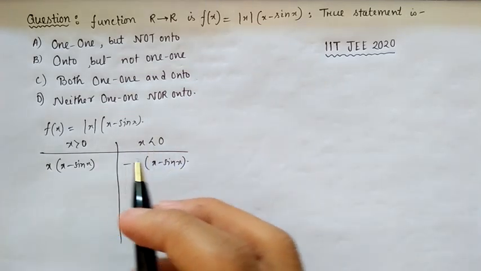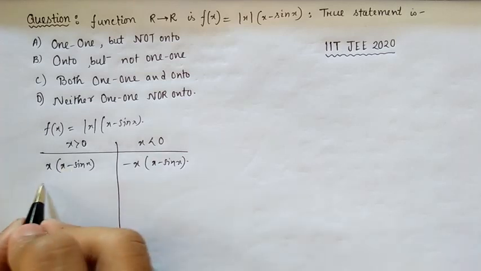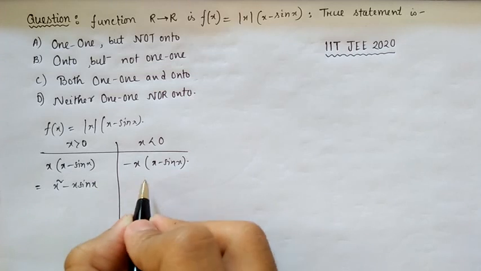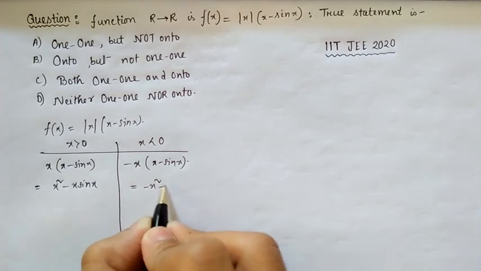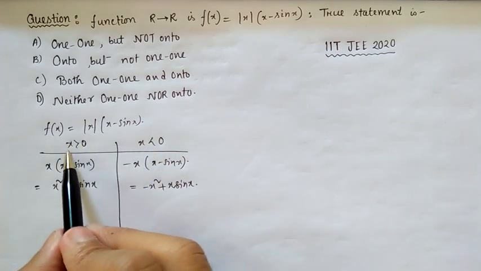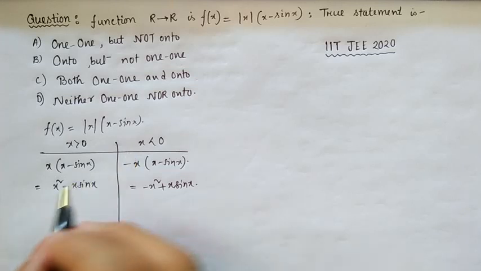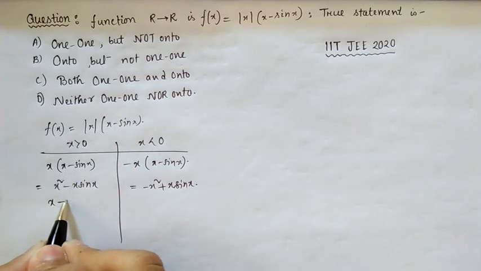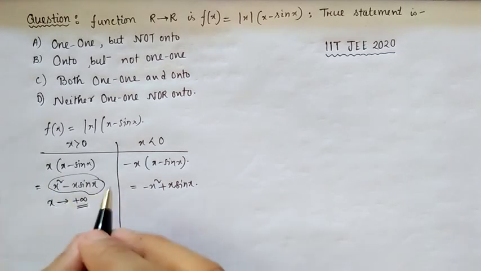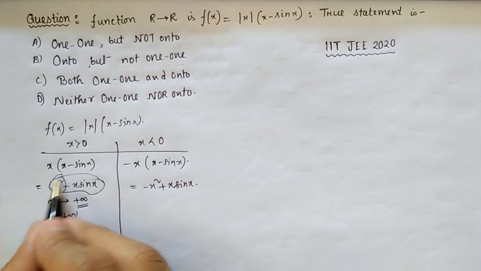Here, to find the onto nature, we can write x square minus x sin x, and here minus x square plus x sin x. So in the range where x is greater than 0, if we put x tending to plus infinity, this term is tending towards plus infinity, since the x square term is dominating.